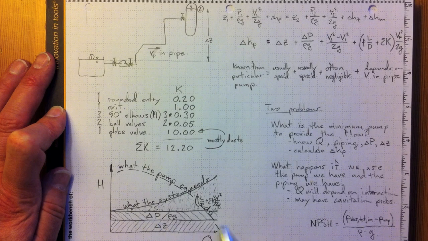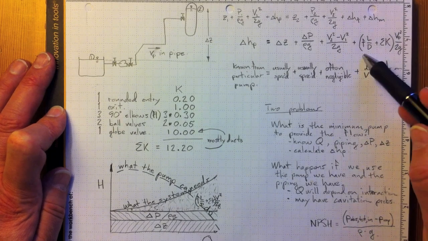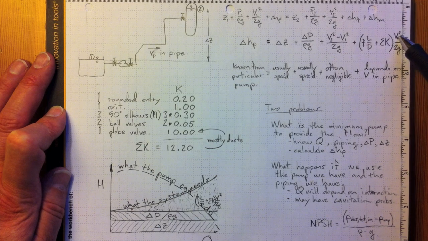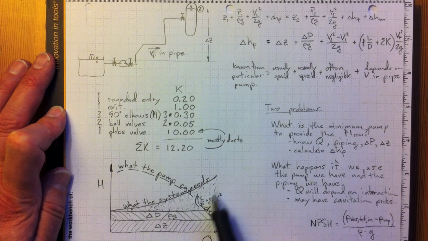If we want to have more flow going through, then we're going to have to overcome the system friction as well. And the more flow we have, the more friction we have. It goes up as the velocity in the pipe squared. So this region under here represents fL over D plus sigma K times V squared over 2g.